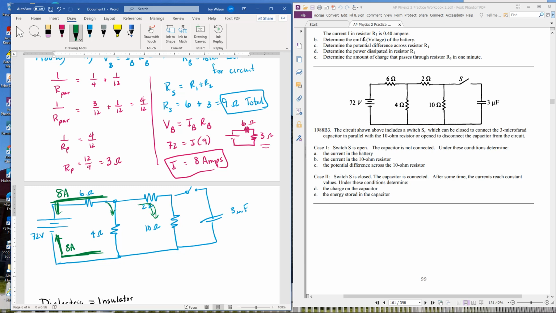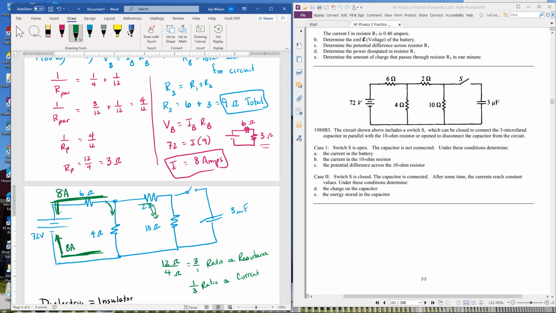Well, this is where it's pretty cool. What is the ratio of resistance? 12 ohms to 4 ohms. So that is a 3:1 ratio on resistance, which means we have a 1:3 ratio on current.